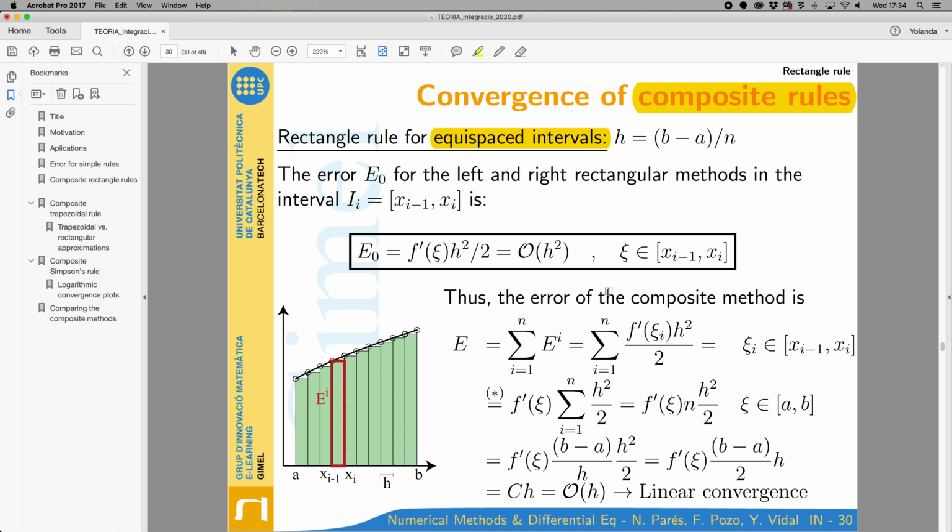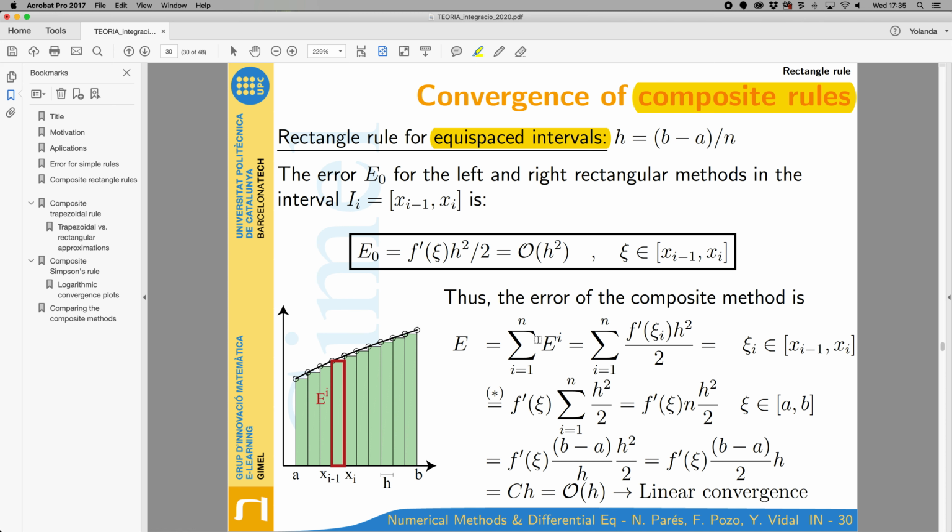Now, I would like to know an expression for the whole error for the composite rule. Of course, the error that I will commit after doing n times the simple rule should be equal to the sum of all the errors committed by the simple rule at each one of these intervals.